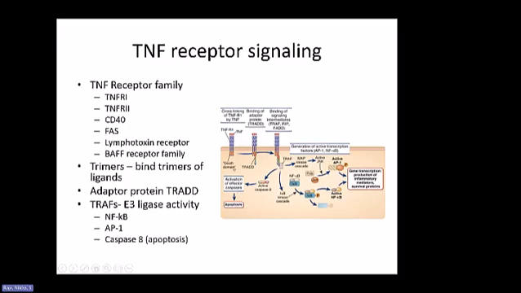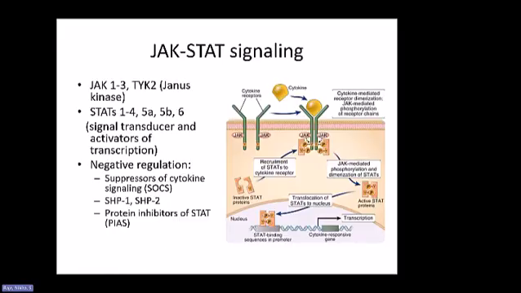TNF receptors are important where it says death domain, it leads to apoptosis, and that's how they use that pathway. But apart from that, there are two other pathways that get activated: AP1 and NF-kappa B. We already talked about those cascades previously. We talked about AP1 and we'll talk about NF-kappa B in a minute. And then we know how that helps in the transcription of different genes. So that's how the TNF receptor family works.